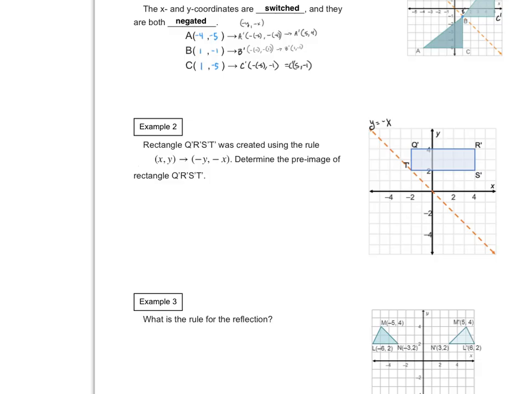Looking at point, I'm going to pick Q. Q prime is going to be -2, 4. Going backwards, I'm trying to find the pre-image.